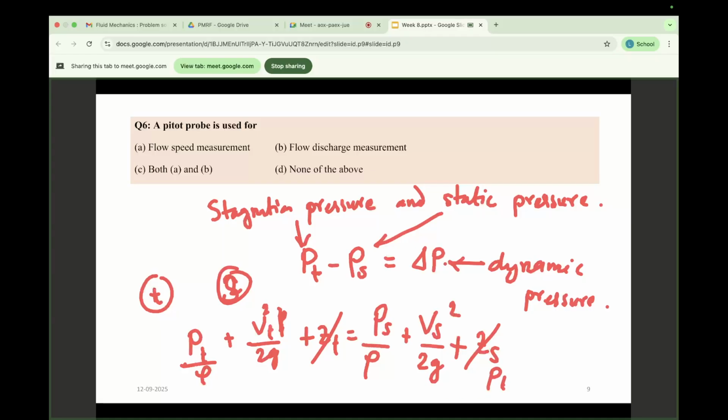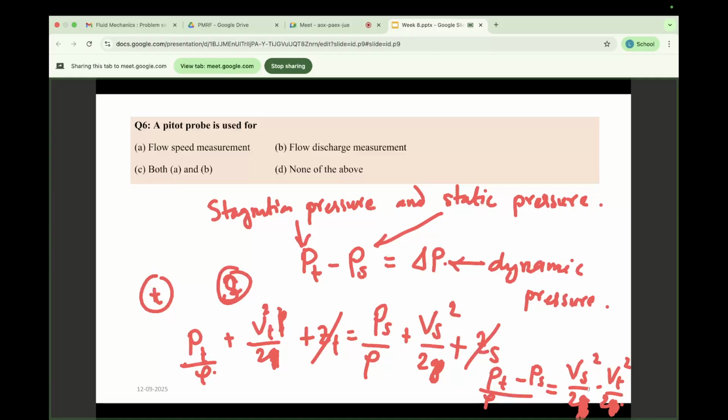So if I take PS to one side, PT minus PS by rho equals VS square by 2g minus VT square by 2g. Sorry, here g is not there. So that is the thing.